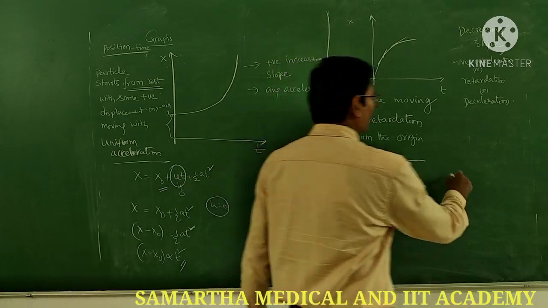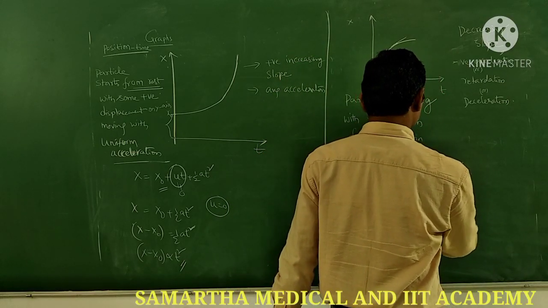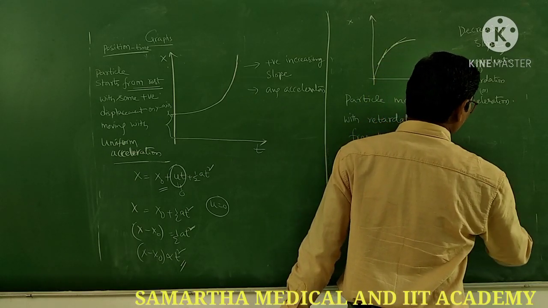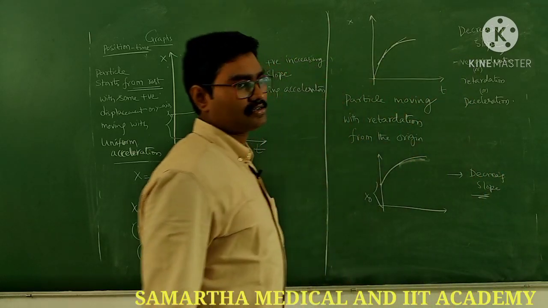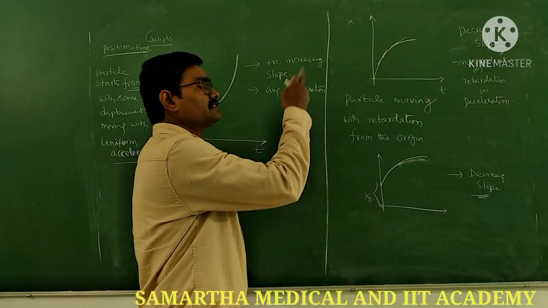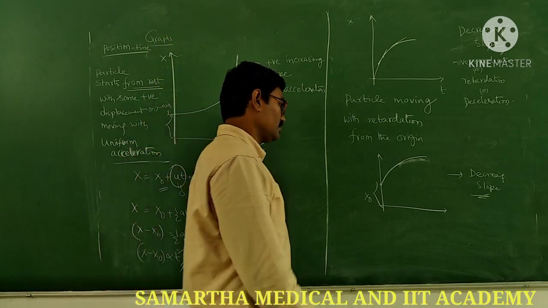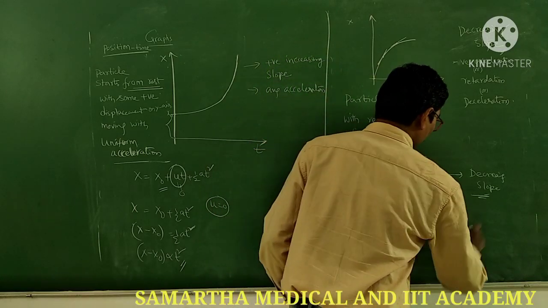It represents retardation, decreasing slope, negative acceleration or retardation. If you take at any instant, that gives you instantaneous acceleration. Okay, that is one. Next, position time graph.